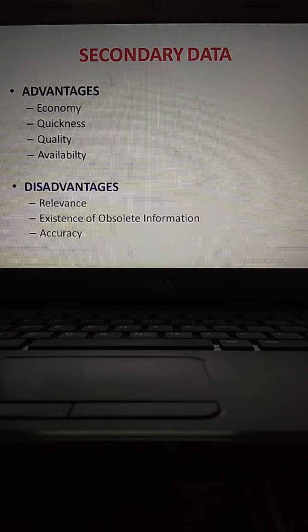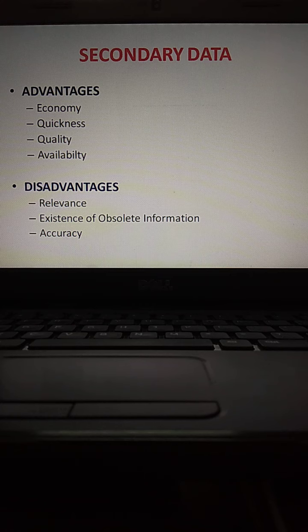Quality. Generally the secondary data is provided by standard agencies. They might have collected this information for some other purpose, but when they were collecting, they might have used all standard procedures.